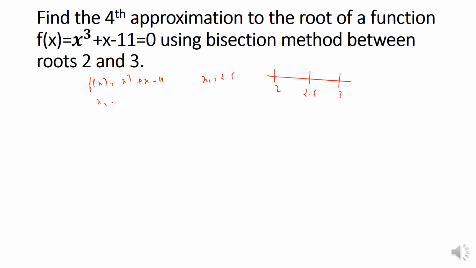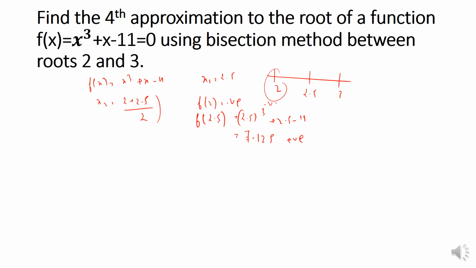Now x2 is equal to 2 plus 2.5 by 2. Now we find that f of 2 is a negative value. And f of 2.5 is 2.5 whole cube plus 2.5 minus 11. This comes down to 7.125. So this is a positive value.